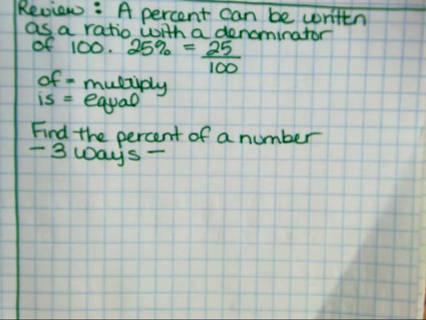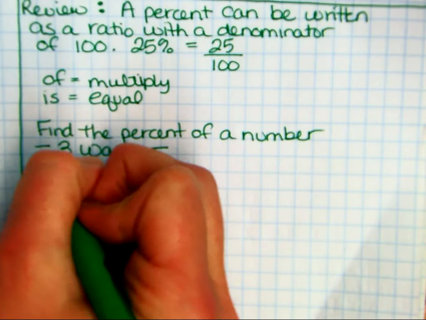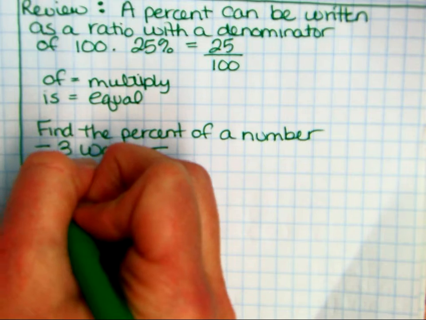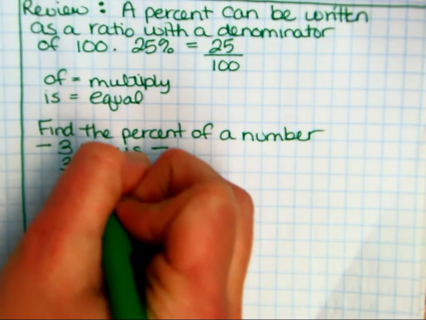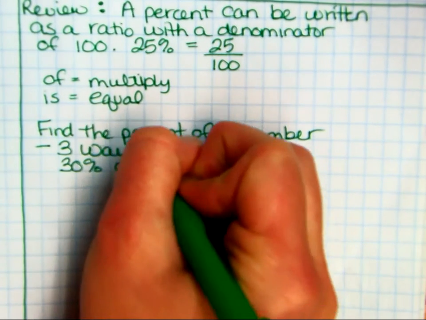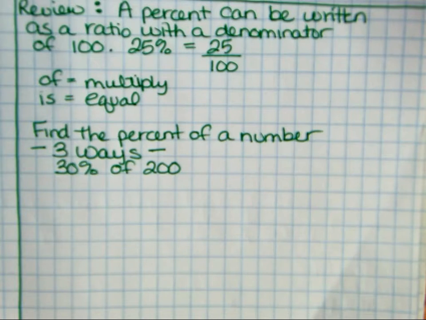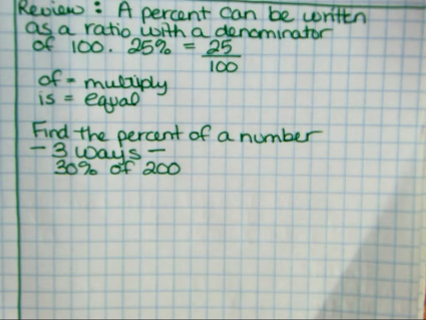The first way that we learned how to find the percent of a number, so let's use the example of, we are trying to find 30% of 200.